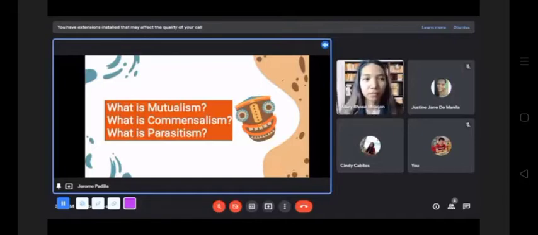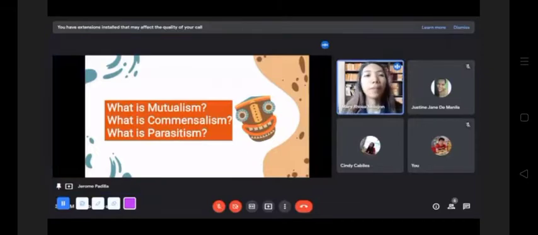So, Ma'am Mary Rose, what is commensalism again? The opposite of mutualism is when one party is able to benefit from the relationship while the other doesn't benefit but is not harmed.